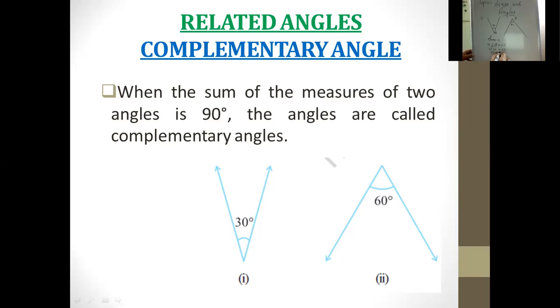So we know that 90 degrees is a perpendicular. So this is quite clear that these two angles are making a sum of 90 degrees. We would be considering them as complementary angles or related angles.